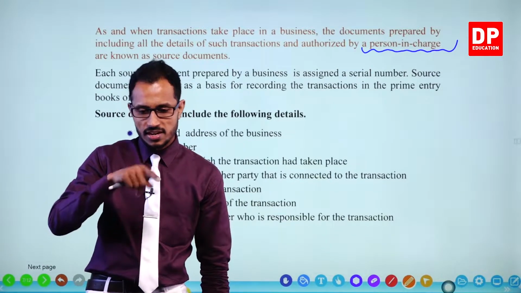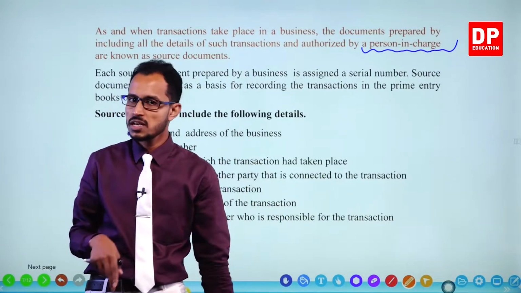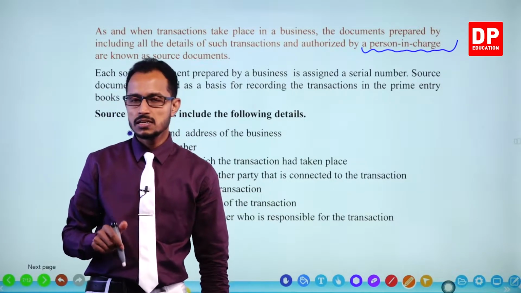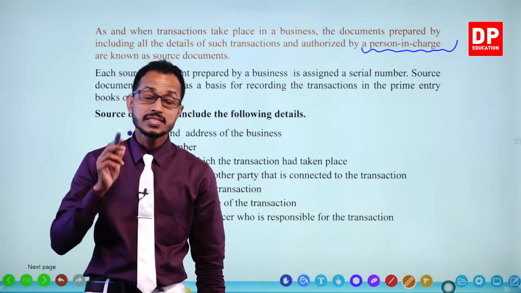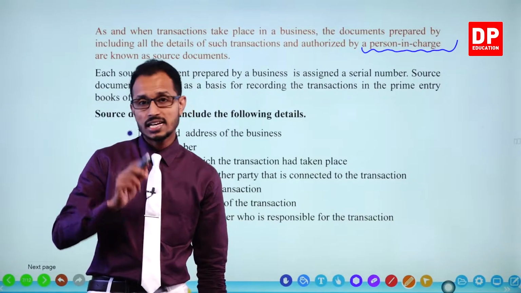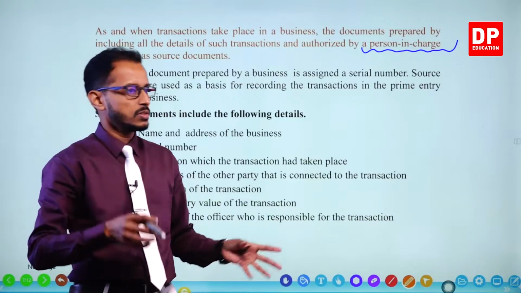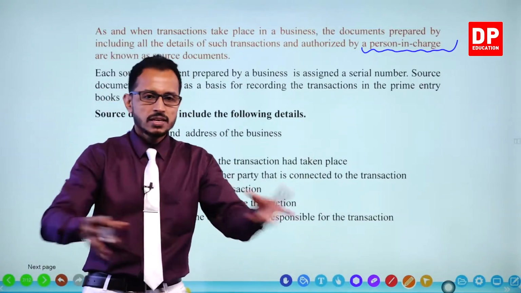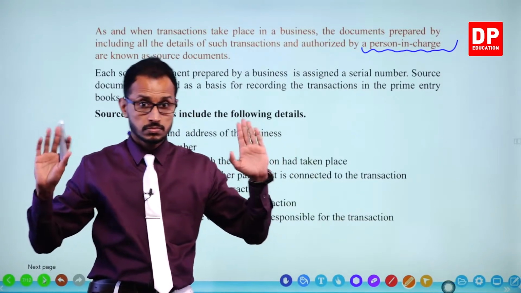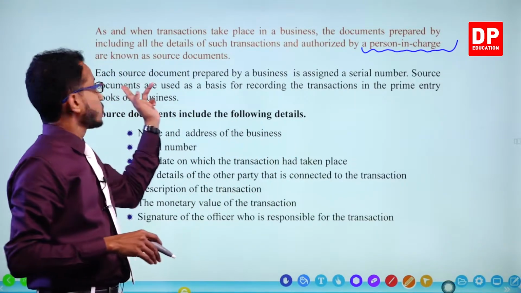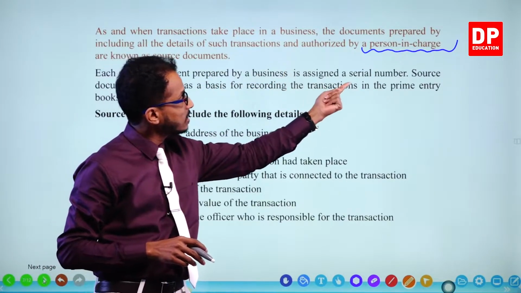Because there are different transactions, and for different transactions, different source documents should be issued. All the source documents can't be messed up and piled up together. No. All right. So it says here, each source document prepared by a business is assigned a serial number.